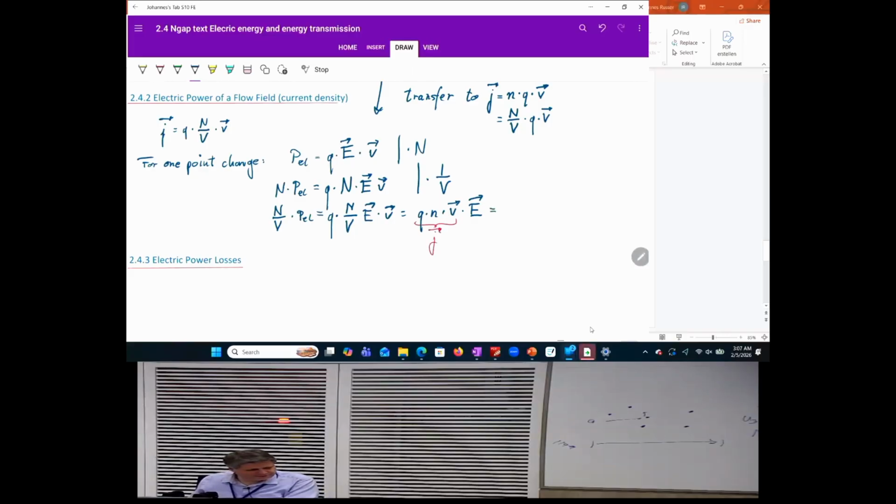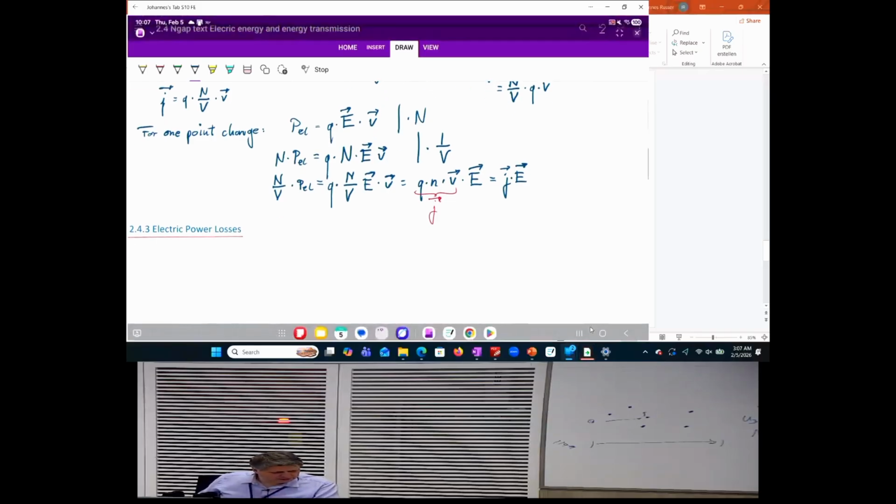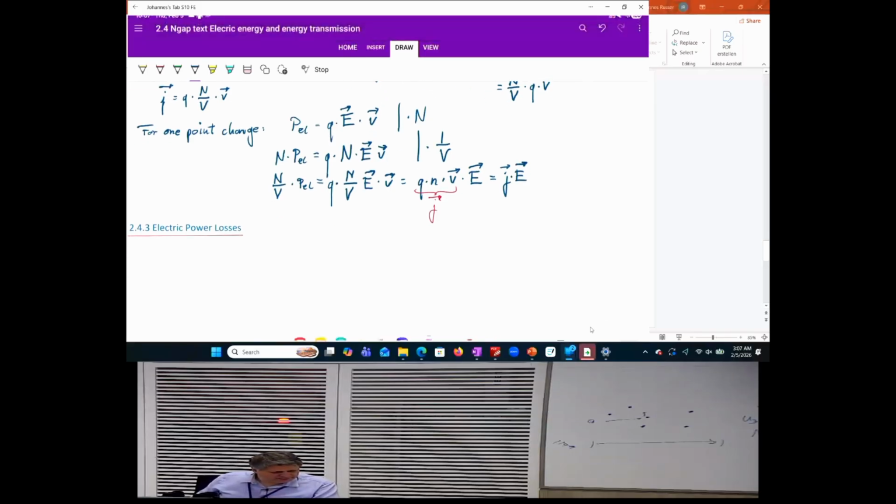So you have here current density times the electric field. There also you have a dot here, right? This is a dot product, because the vectorial quantity comes from the velocity, and you need to take the dot product of the vectorial quantity here in the current density, which is basically given through this velocity vector.